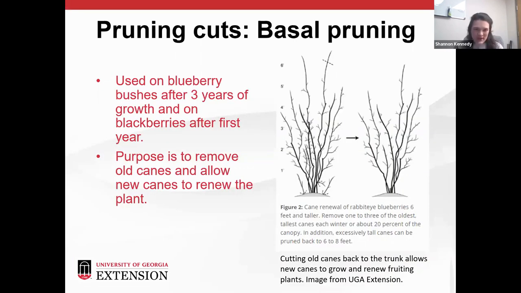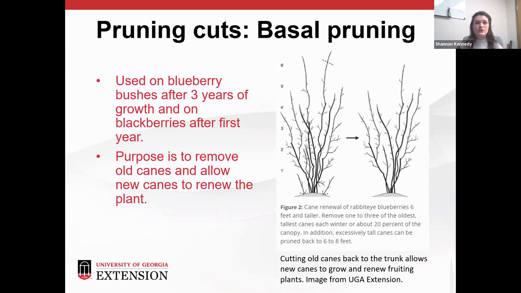Basal pruning. So this is one of the methods you can use for blueberry bushes. So after 3 years of growth, or with blackberries after a single year, those stems have produced fruit and they are no longer productive to the plant.